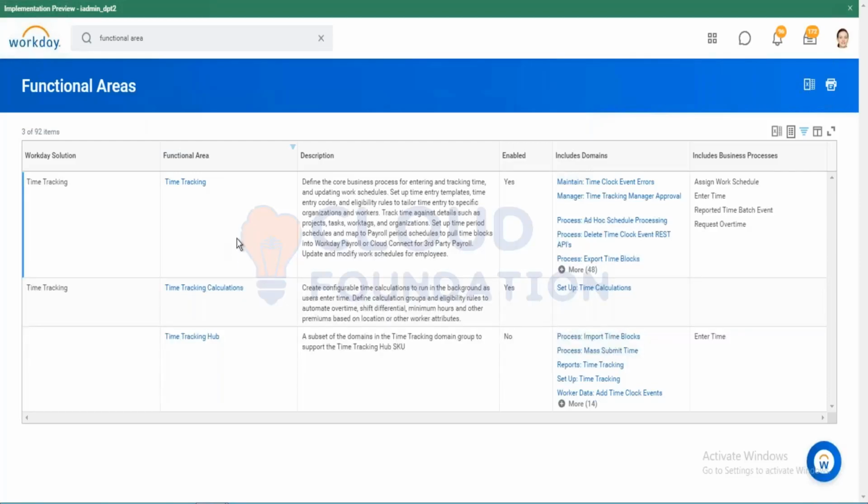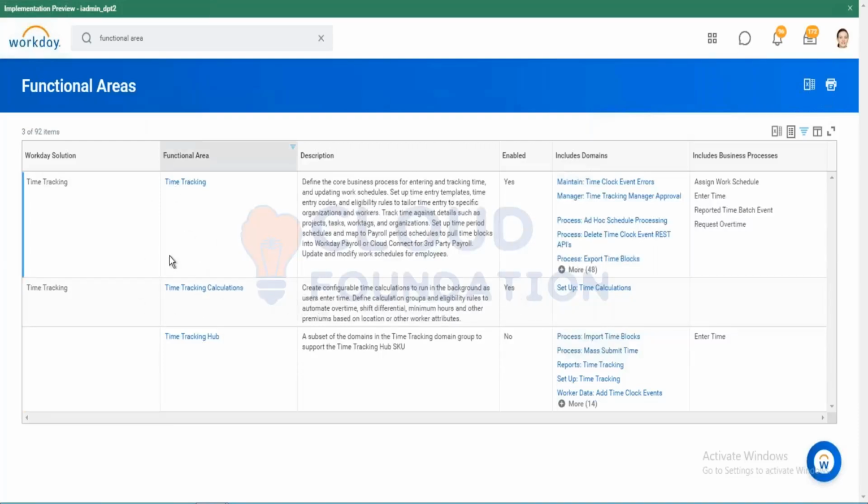You are in Canada, correct? So there must be overtime, double time, these kinds of criteria that come into the picture, don't they? Yes, they do. Those get set up, or you get access to those, if this functional area is enabled.